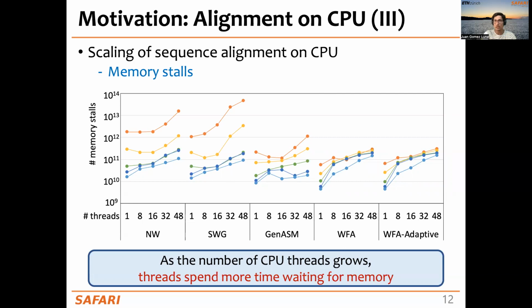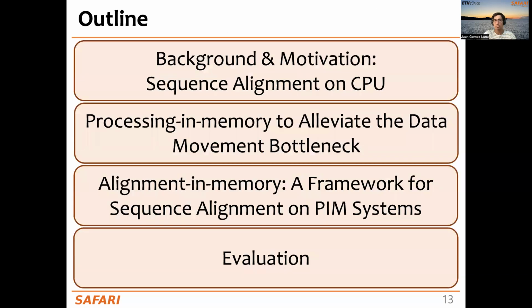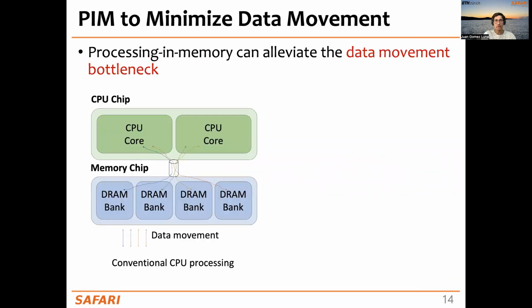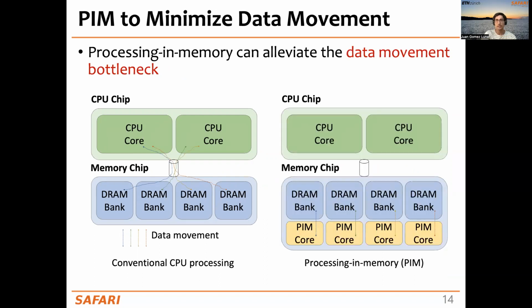How can we alleviate this data movement bottleneck? By using processing-in-memory techniques. In processing in memory, we can alleviate the data movement bottleneck because instead of accessing data through a narrow funnel, as we typically do in conventional CPUs, where we need to access through the narrow off-chip link, we can access data from the DRAM banks directly.